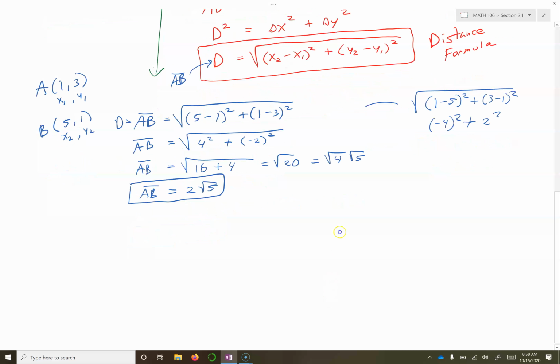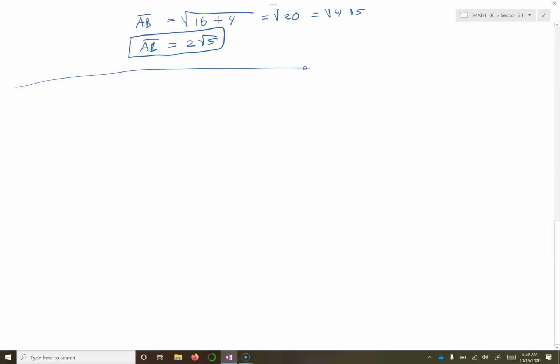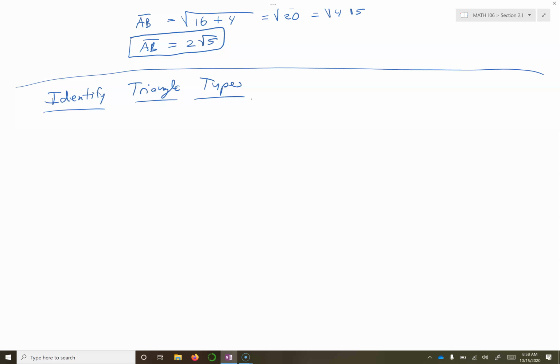Okay, so why do we care? Well, we can use that distance formula to identify triangle types. By the way, we already know we have right triangles, right?